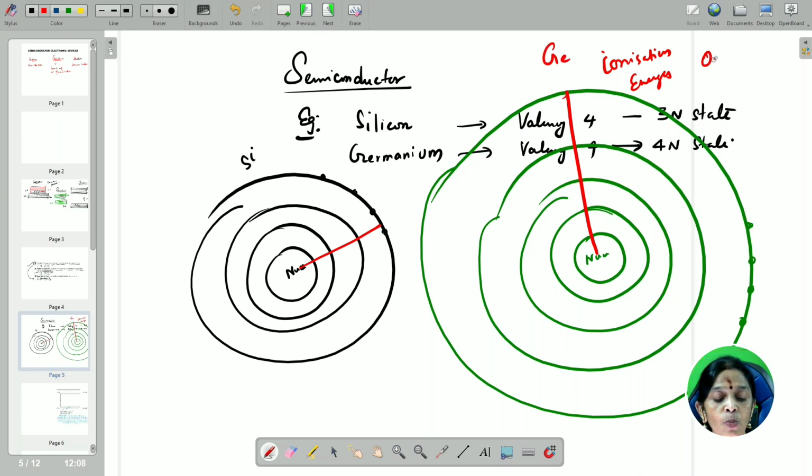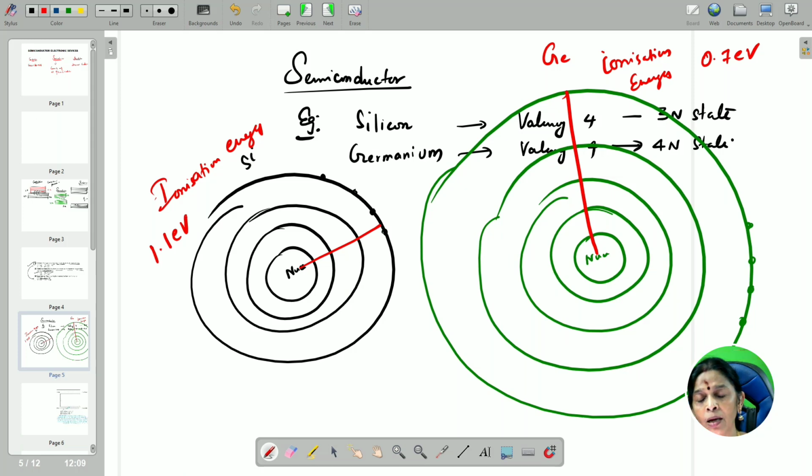For germanium, it is 0.75 electron volt, or you can simply say 0.7 electron volt. Whereas for silicon, the ionization energy is a little higher, 1.1 electron volt. Even though it is a little higher, this can also be used for making electronic materials. So, hence we are going to learn about both silicon as well as germanium.